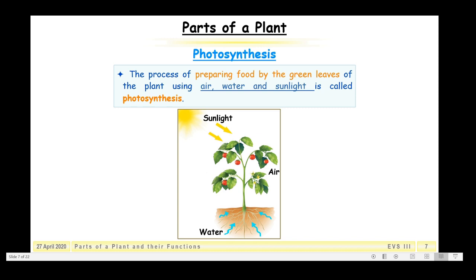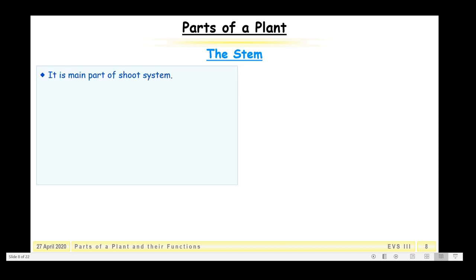We need to have green leaves for preparing food of the plant using air, water, and sunlight, and that is called photosynthesis, right? So, like germination, photosynthesis also needs air, water, and sunlight. So, with this, we come to the first part of the shoot system, and that is the stem.